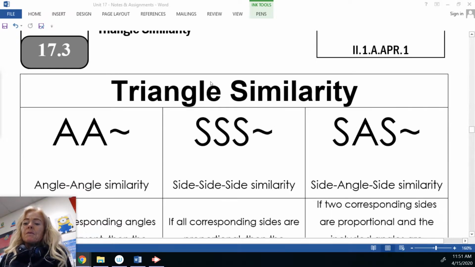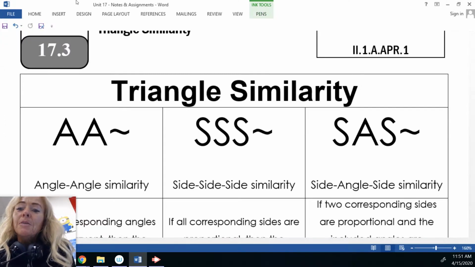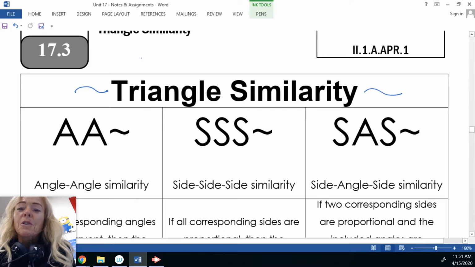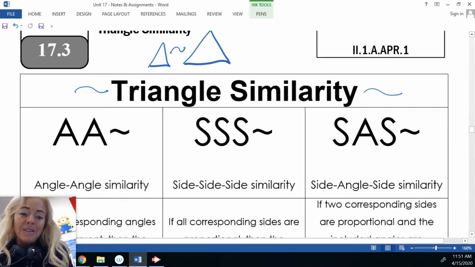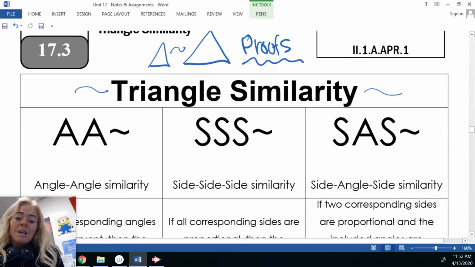Now, really quickly, just to get everybody's minds on the same page here, triangle similarity is referring to the fact that if I have two triangles and I want to prove they're similar, and yes, there's that word again, that prove word. Okay, we're going to do proofs showing triangles are similar. So these are 3 ways to prove triangles are similar.